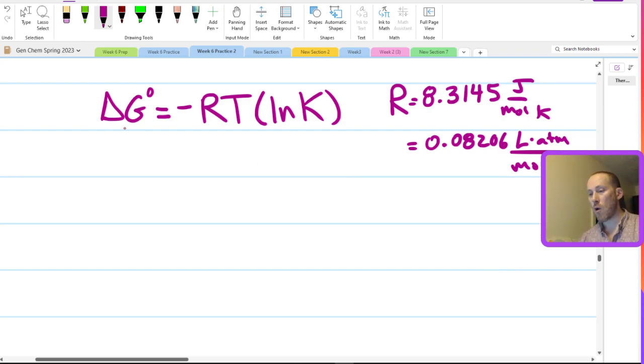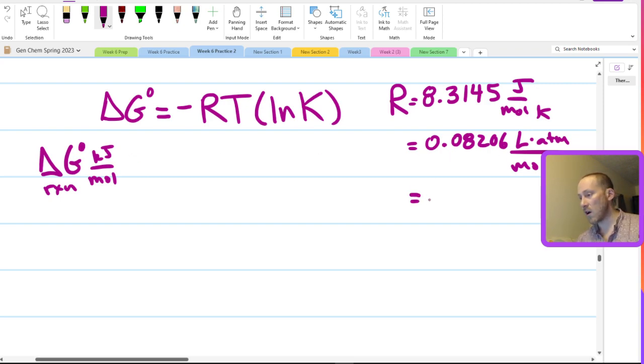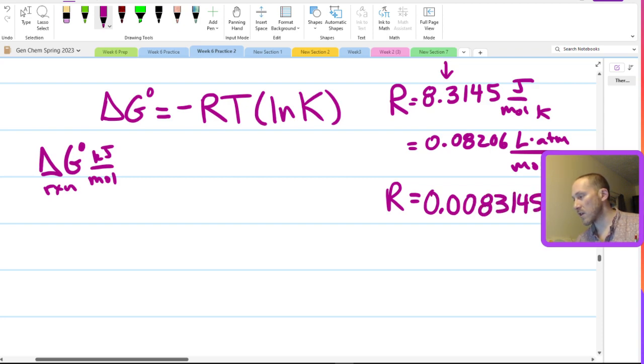But the one that you want to use, since delta G is usually, conventionally, in kilojoules per mole, is the R, the gas constant, that is this, but converted to kilojoules. So we move that decimal over 3 places. So just make sure that you use that R for these. And you're going to see in a sec, there's another number that you can use to make things way simpler.